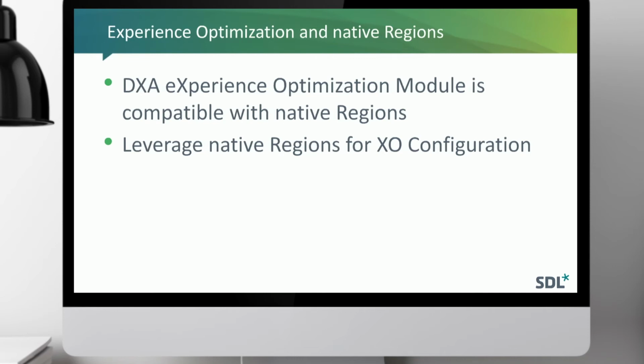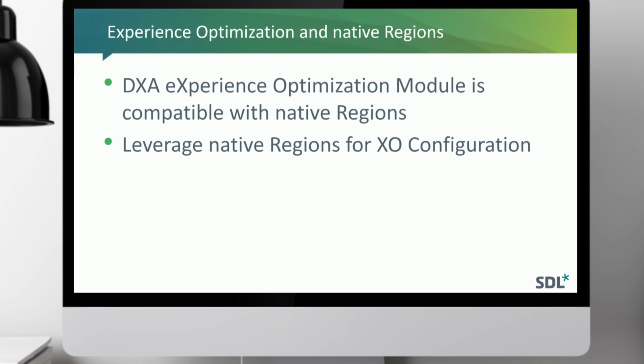If you look at what I said, DXA will be compatible with these native regions, so that's just the new page regions in Content Manager. At DXA there's also an experience optimization module for DXA. And basically, because DXA is going to be compatible with this native region, that module is automatically also going to be compatible.